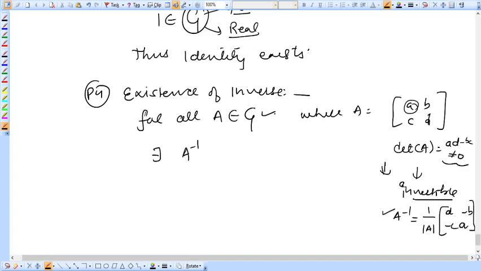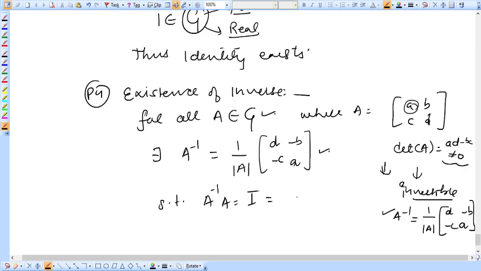So there exists A inverse is equal to 1 over determinant of A, into [[d, -b],[-c, a]], such that A inverse into A, what will we get? Identity matrix is equal to A inverse. Thus inverse exists.